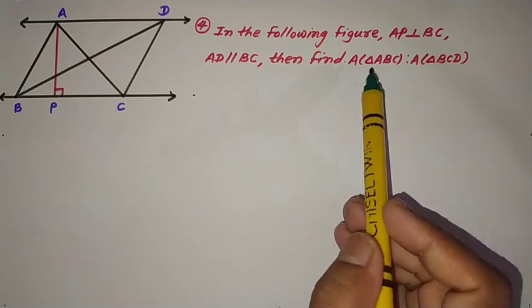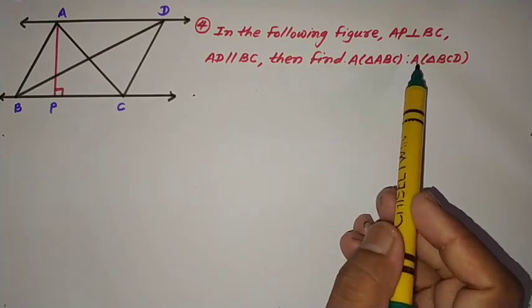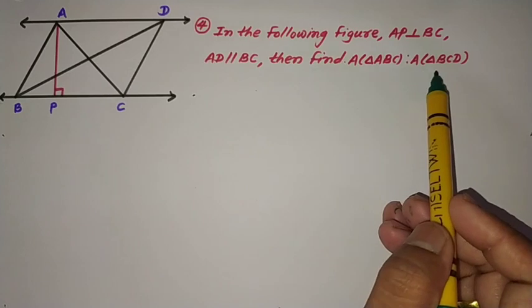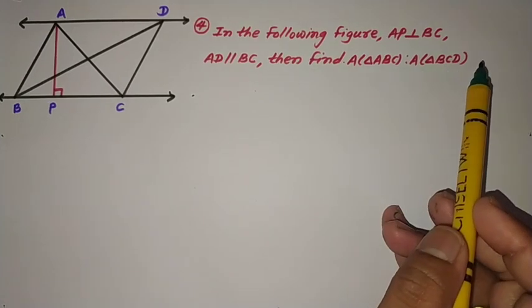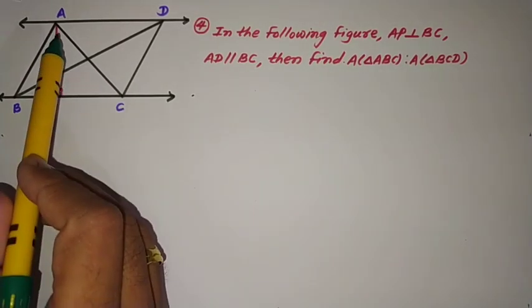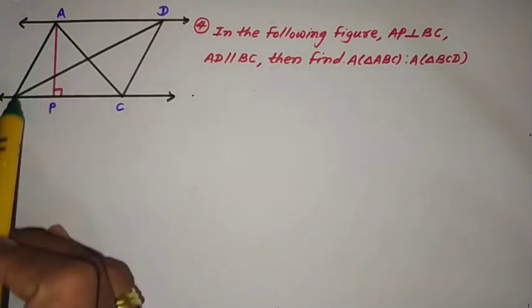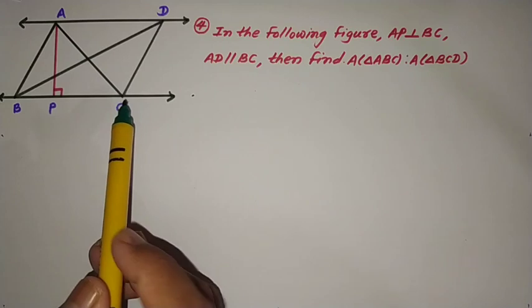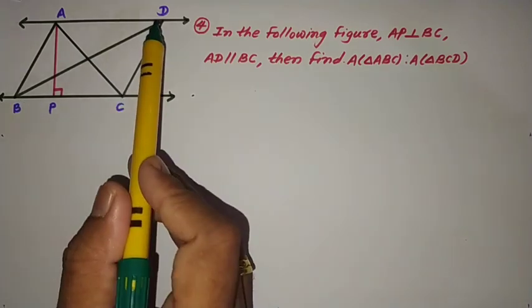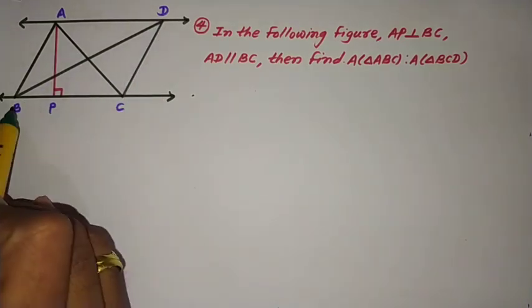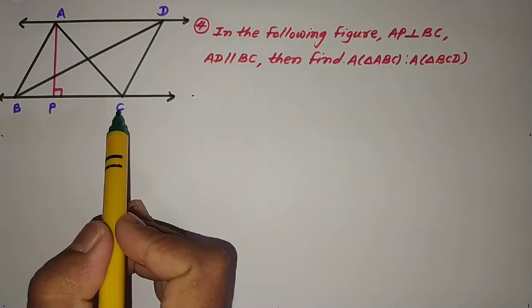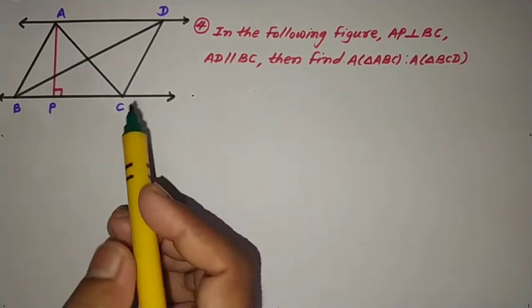Then find the ratio of the area of triangle ABC to the area of triangle BCD. Observe these two triangles in this figure: triangle ABC and triangle BCD. In this figure, BC is the base of both triangles, and it is the same.